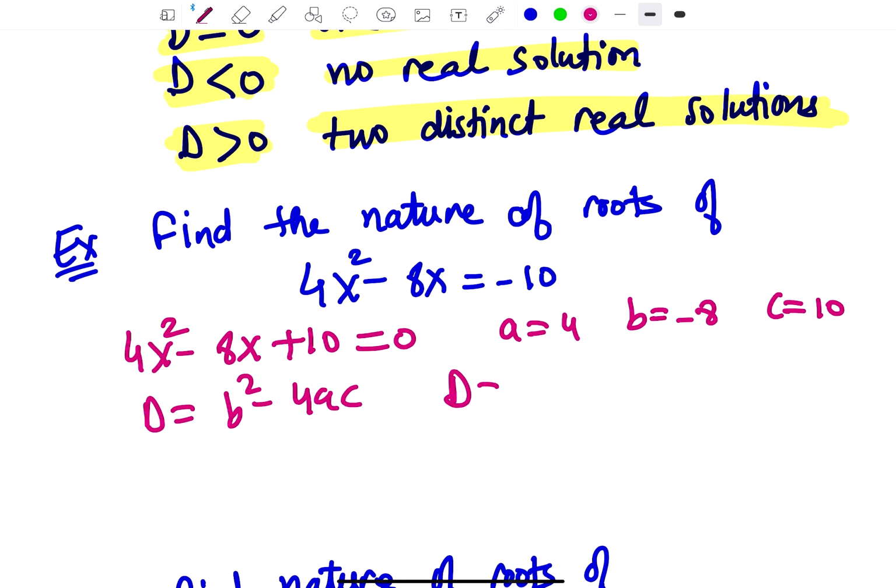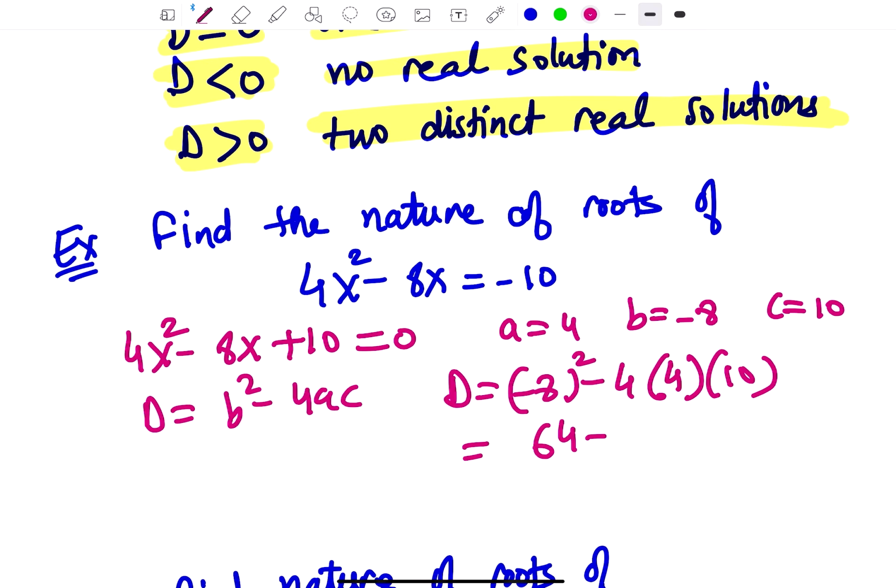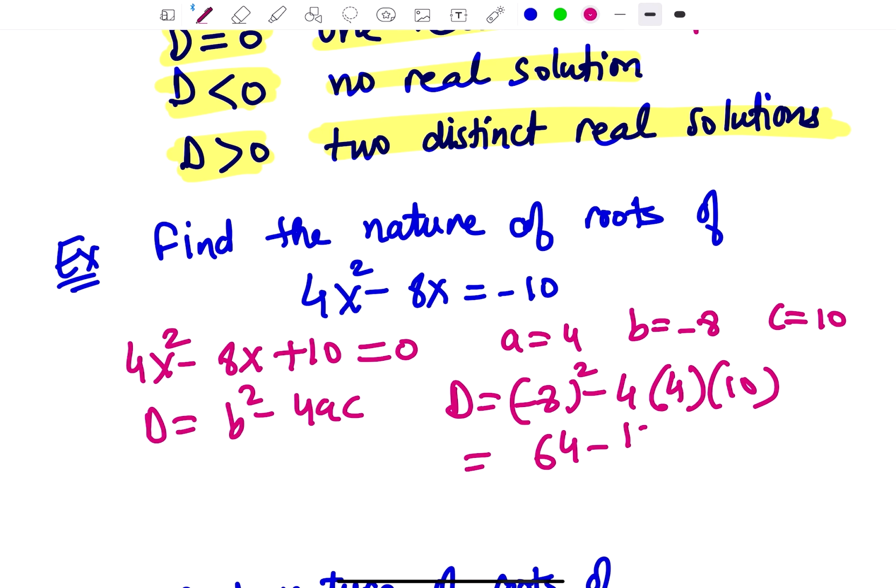So D equals negative 8 squared minus 4 times 4 times 10. So it turns out to be 64 minus 160, which is negative 96.